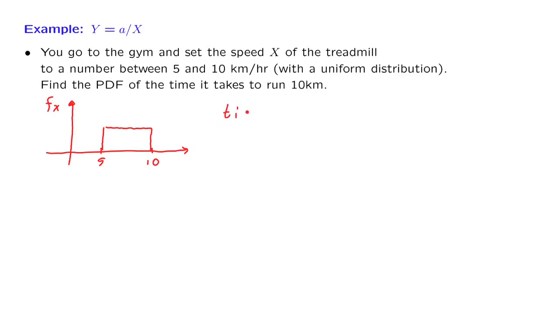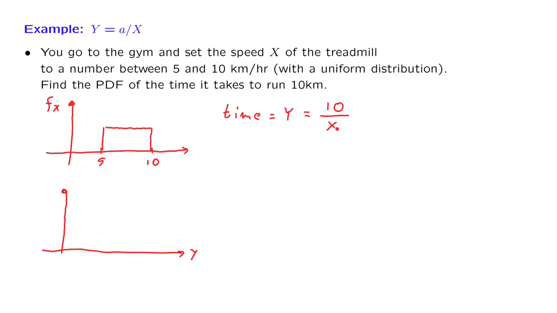Let the time it takes you be denoted by y, and the time it's going to take you is the distance you want to travel, which is 10, divided by the speed with which you will be going. So the random variable y is defined in terms of x through this particular expression. We want to find the PDF of y. First, let us look at the range of the random variable y.